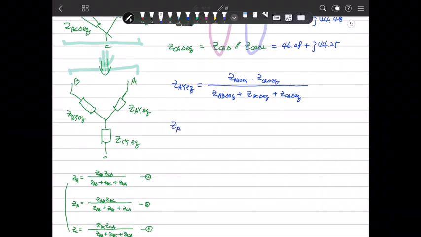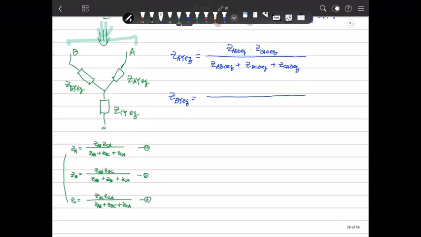In the same way, GBY EQ is GAB delta EQ plus GBC delta EQ plus GCA delta EQ, and GAB and GBC.